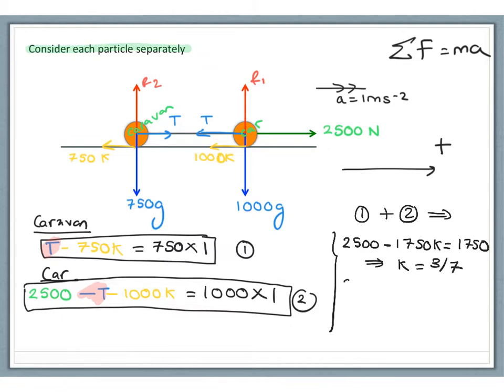We can then substitute back into either equation. I'm going to substitute back into equation 1. So T equals 750 plus 750 multiplied by 3/7, which gives me, for my value of T, 7,500 over 7 newtons in exact form.